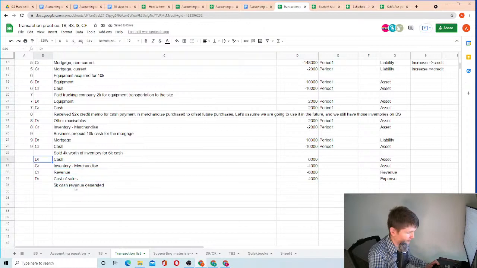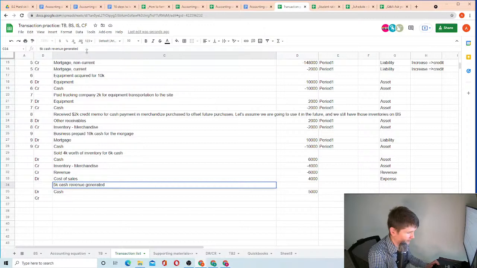It will be similar: debit cash 5,000. Let's simplify it even more. 5,000 cash revenue generated from sale of services.